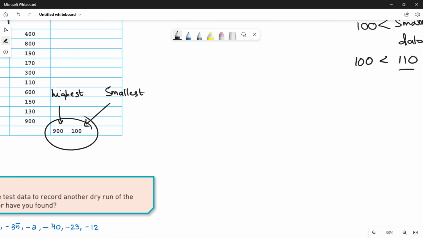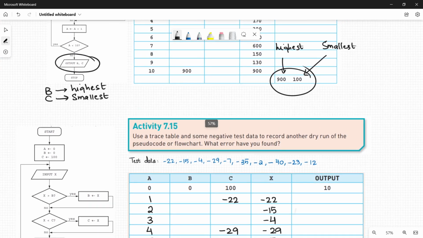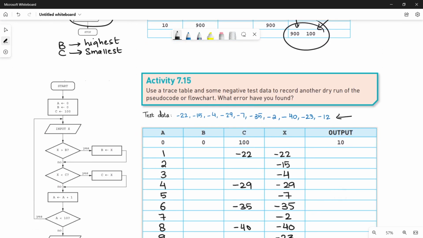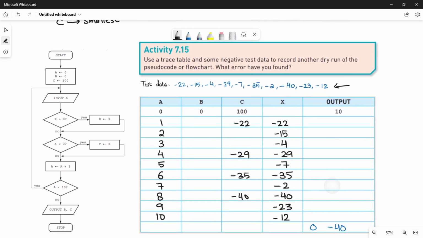Now quickly see how the same algorithm will work for the negative test data. We did this activity in the previous video. If you want to see how we did the working of it, please go ahead and watch that. Now I am moving towards the results here. Look at my output result. When all of my data is negative, then the highest value here is 0. 0 is not part of your test data.